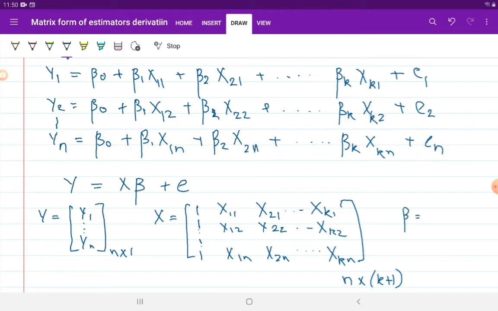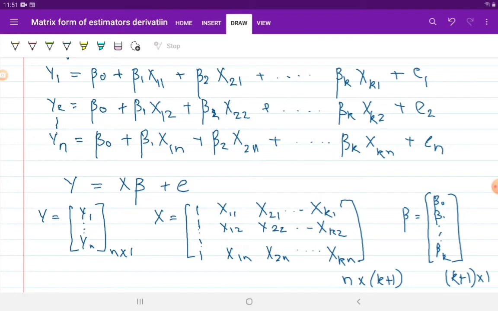Your beta is a matrix of the coefficients: the intercept term beta naught, and all the partial coefficients from beta 1 till beta k. So the dimensions of this matrix would be k plus 1 cross 1, that is rows comma column.